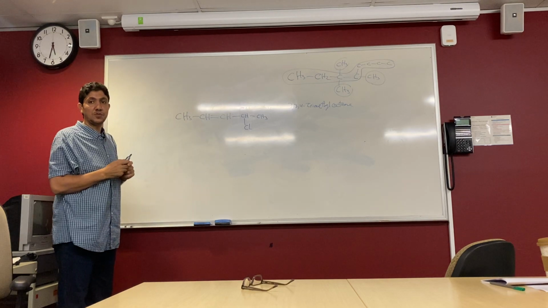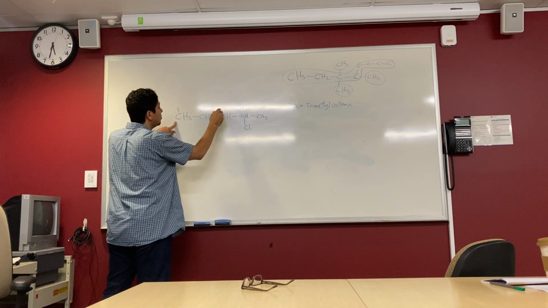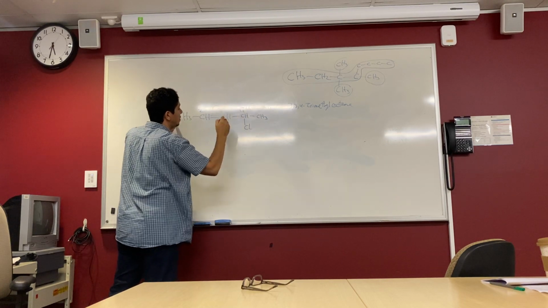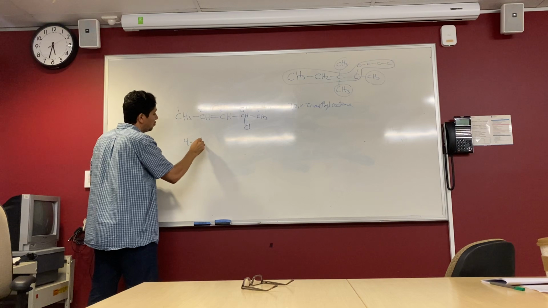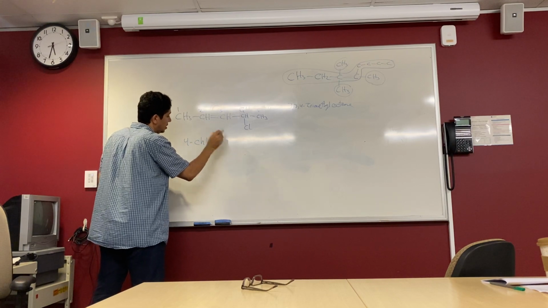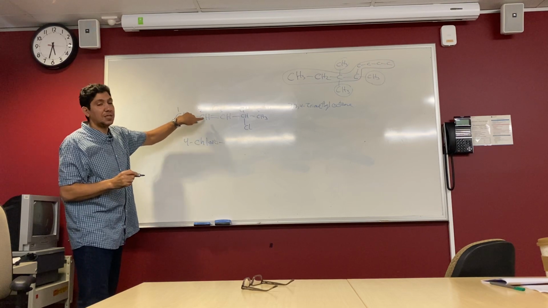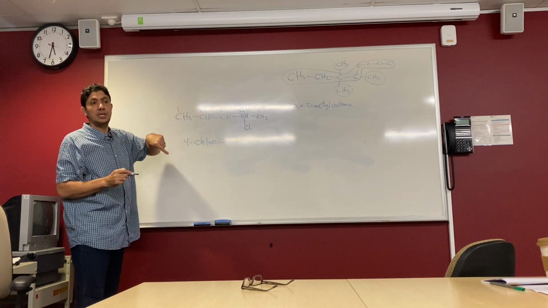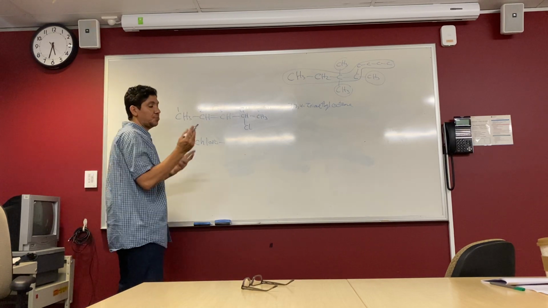So from where do we have to start? From this one. So it's 1, 2, 3, 4, 5. So at the substituent here, we have 4 chloro. And then the double bond takes the least number. So 2 and 3, so we'll call it 2. If it's between 3 and 4, we'll call it 3. So we have 2 options.